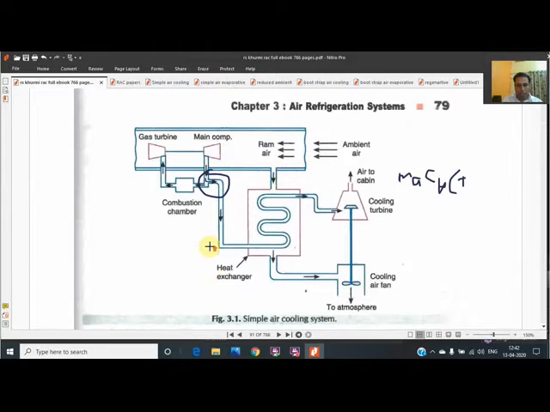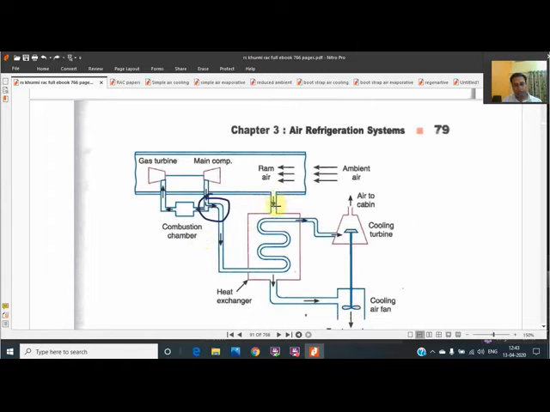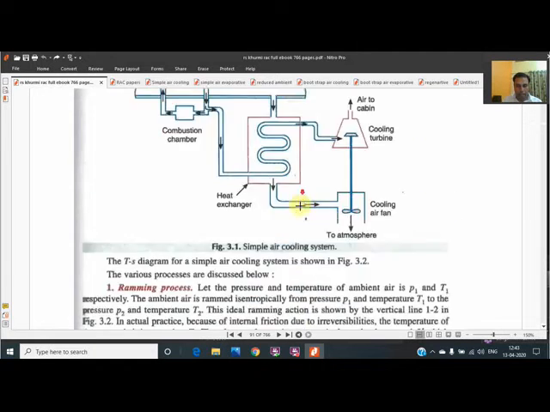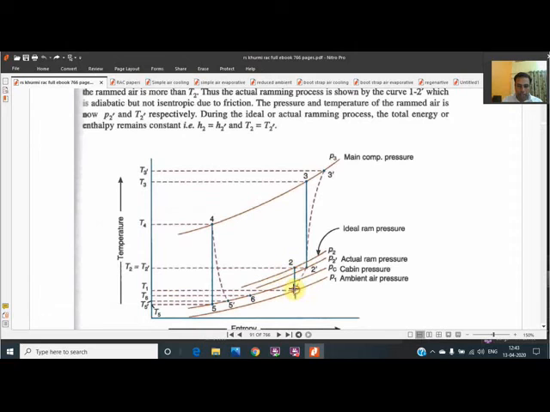So starting with the first system, the air which is being shown to you is ambient air, and as the ambient air is trapped, it is stopped, it gets stagnant and pressure rises. Now after this, the air is compressed. The compression process is 2-3, which is being shown to you. If it is isentropic, then it is 2-3.